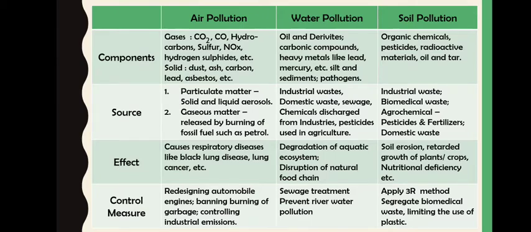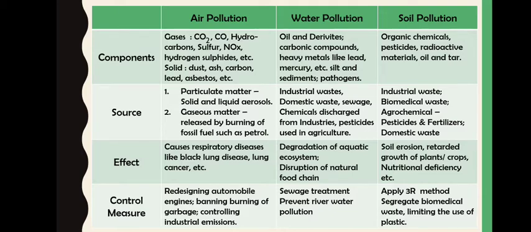Air pollution. What are the components? Carbon dioxide, carbon monoxide, sulfides, dust, ash, asbestos, like that. What are the sources? Particulate matter, solid and liquid aerosols, or gases released by burning fossil fuels such as petrol. What is the effect?